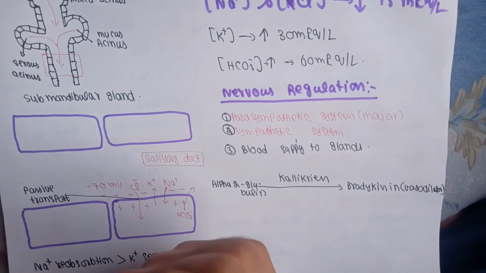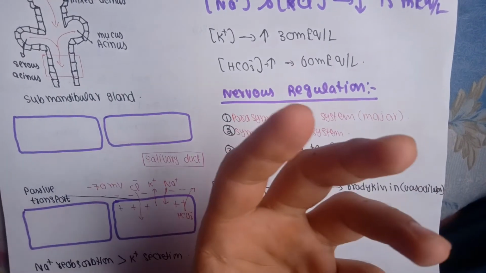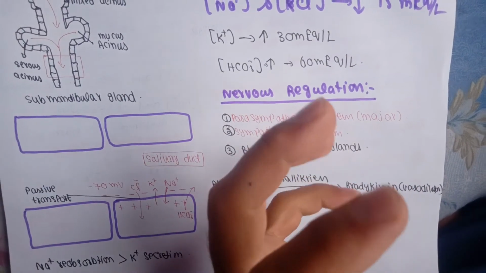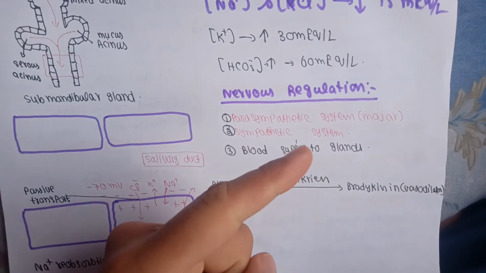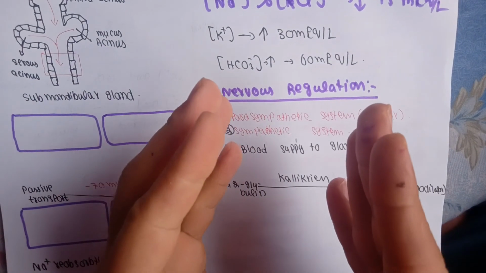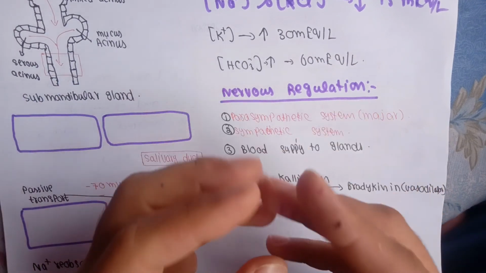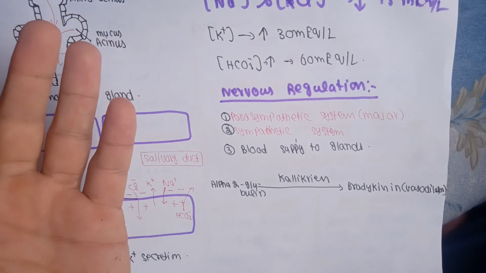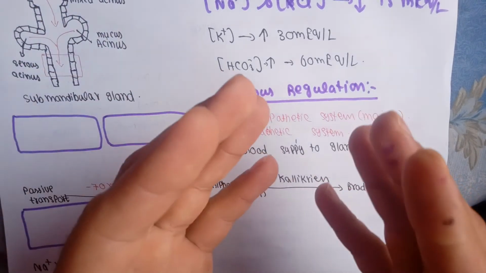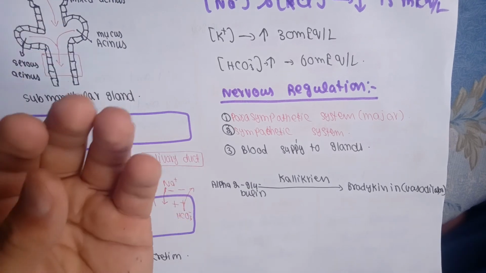The parasympathetic system also increases blood supply to the gland by dilating the blood vessels that reach the gland. When blood vessels dilate due to the parasympathetic nervous system, these dilated vessels provide more blood and more nutrients to the ducts and glands, and as a result the cells of the ducts become activated.